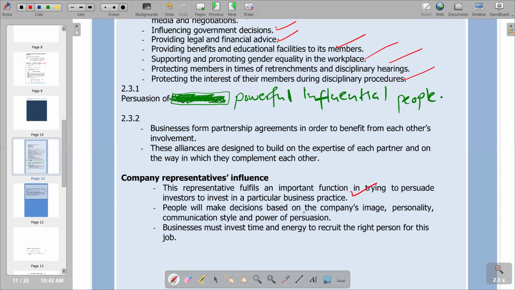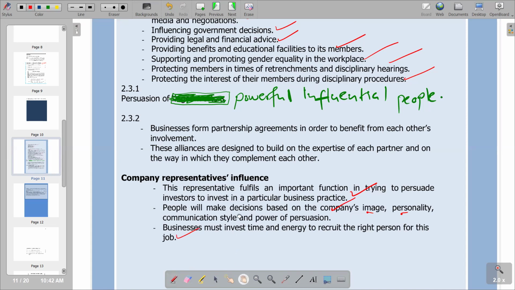So the representative should have a good personality and image that is going to work in the positive direction of our business. This is what we want. Then we go to the next point: businesses must invest time and energy to recruit the right person for this job. So this is another explanation of a company representative's influence.